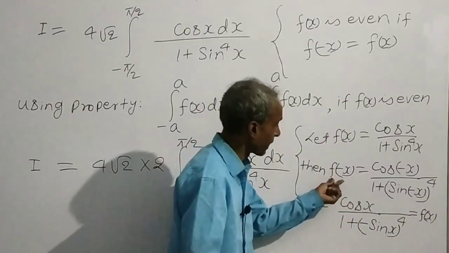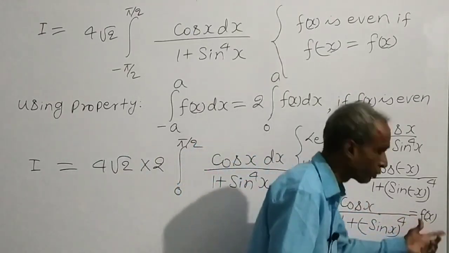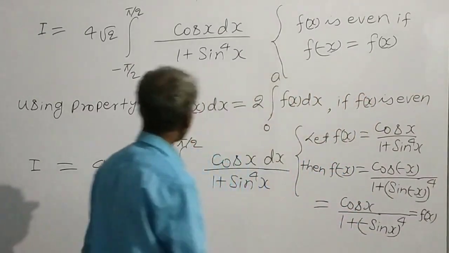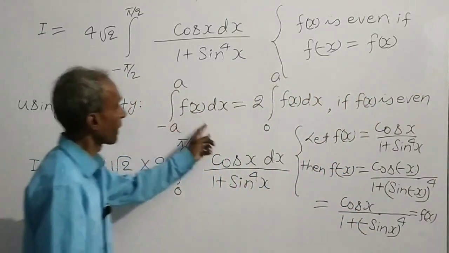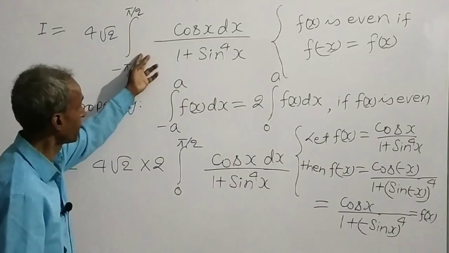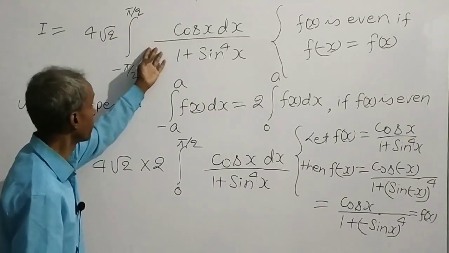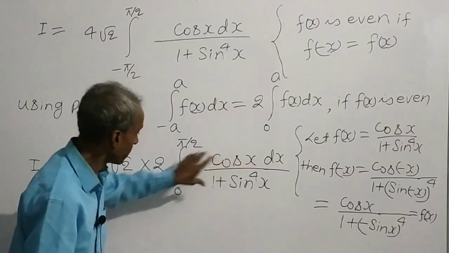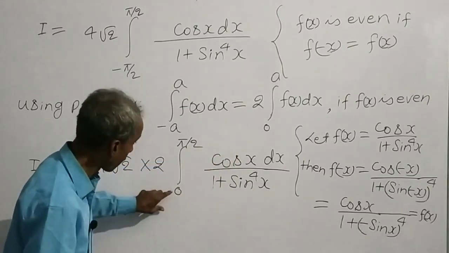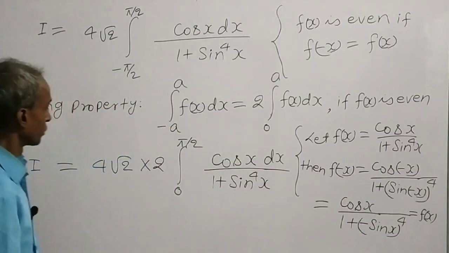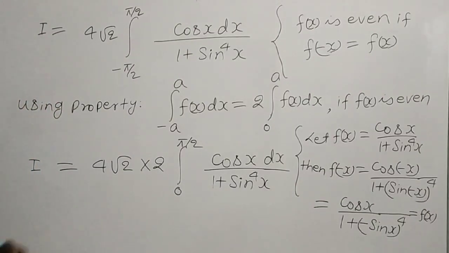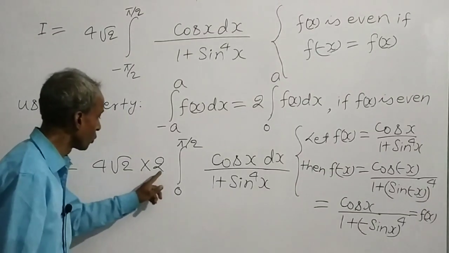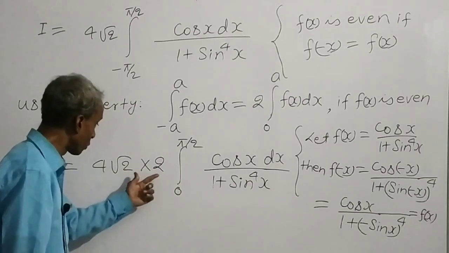So this condition f(minus x) is equal to f(x) is satisfied, therefore we can apply this property in this integral and write this as equal to 2 times integration of this function from 0 to pi by 2. This 4 root 2 times 2 will become 8 root 2.